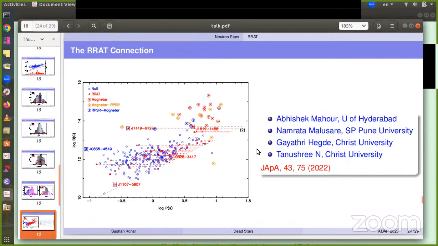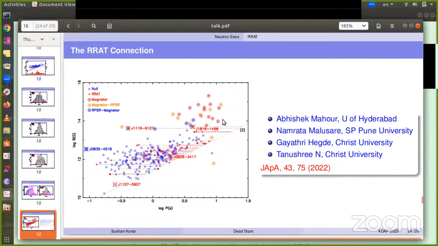Now, we can do something else. There has been a suggestion that these RRATs are actually evolved objects from the magnetars. These are the magnetars. These we have not seen before. These stars within circles.